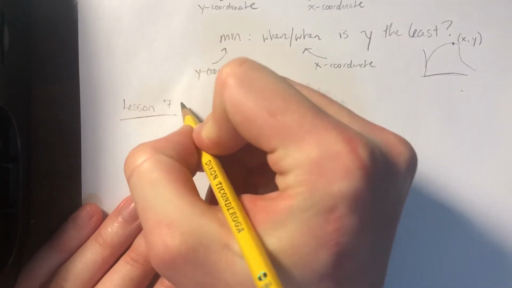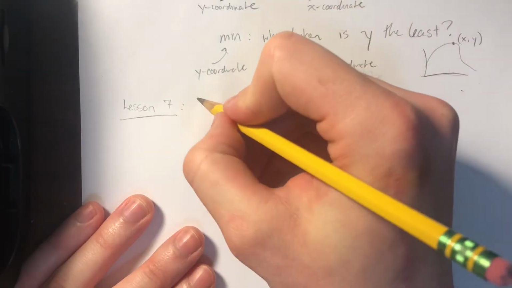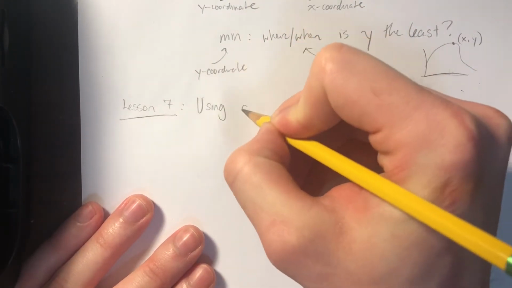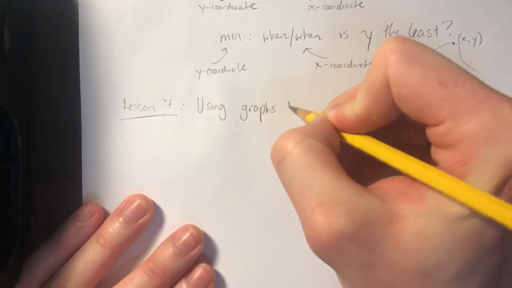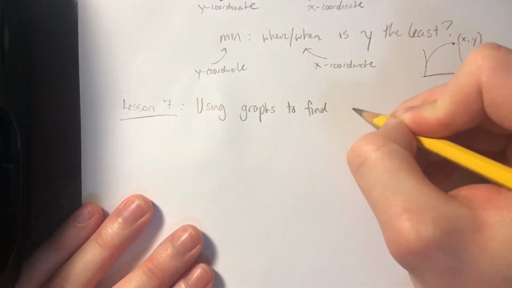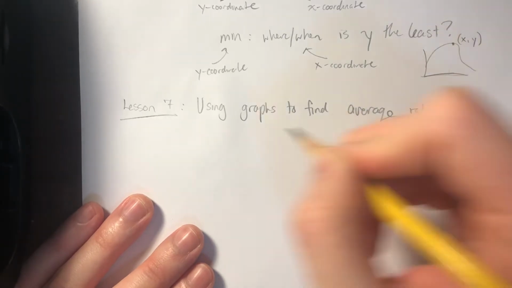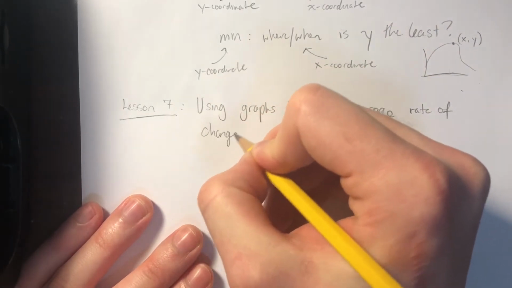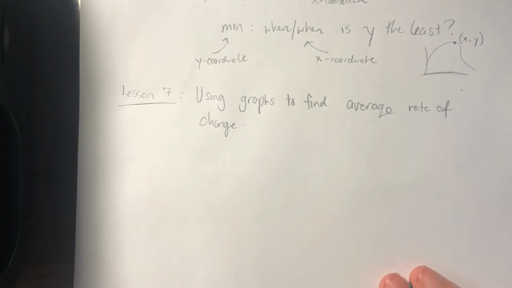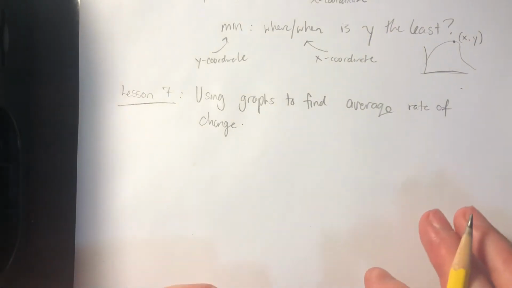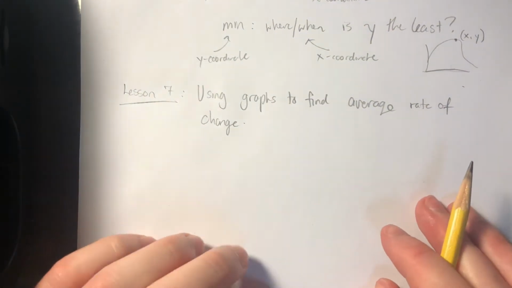Lesson 7. Using graphs to find average rate of change. And again, this is another topic that is sort of review from earlier in the year, although we are using it in ways that maybe we didn't use it before.